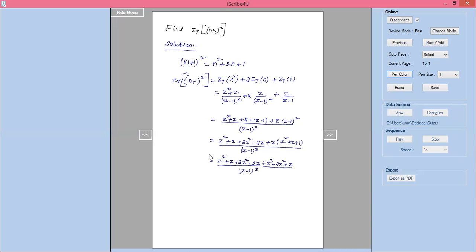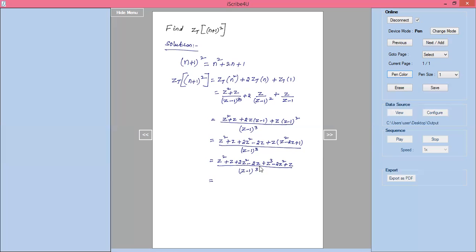See here, if you simplify this, some terms will get cancelled. We can see z square is there plus 2z square minus 2z square. So z square plus 2z square is 3z square, minus 2z square is again z square only. Then z plus z is 2z, and minus 2z gets cancelled, so the z terms will vanish.